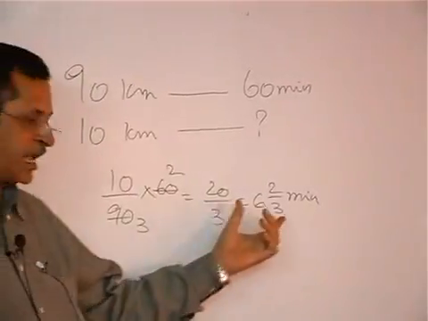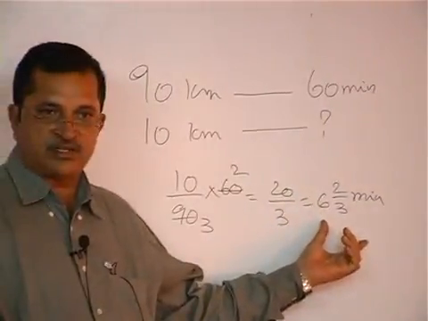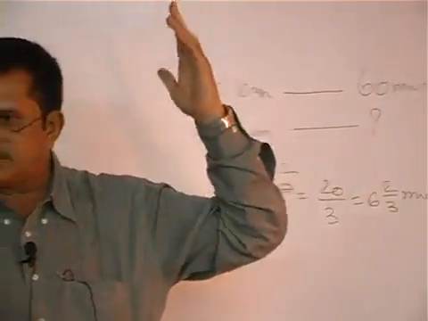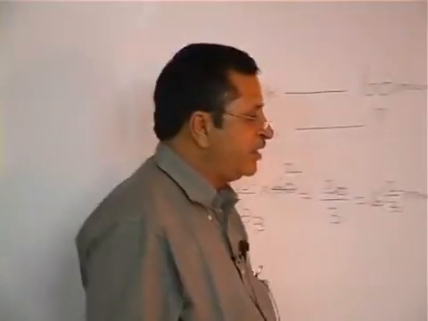Suppose it travels this 6 2 by 3 minutes also, it would have covered this 10 kilometers, then the speed should be 90. Understand? So 6 2 by 3 minutes the train stops. Next problem.